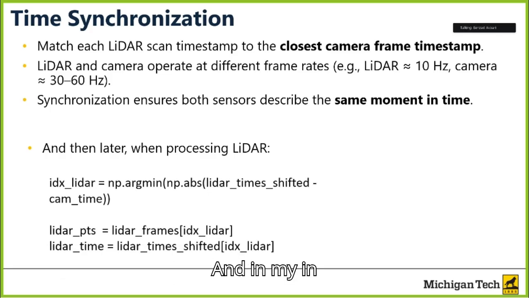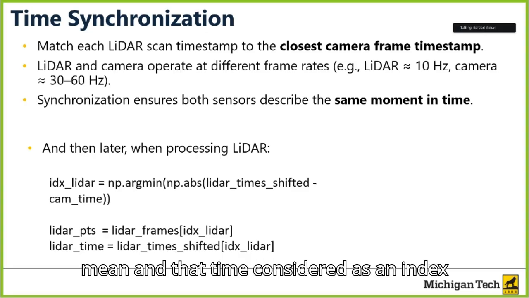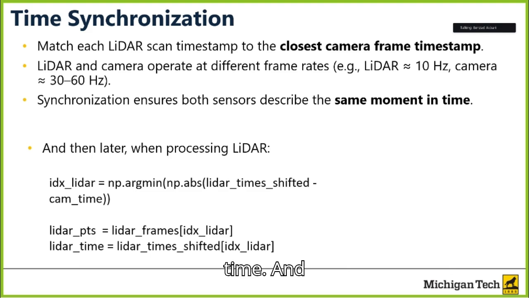In that, I found the LiDAR times and camera times and found the mean. We found the difference between it and found which one is the mean, and that time is considered as an index time, and the frame and LiDAR at that index are the closest frames together.